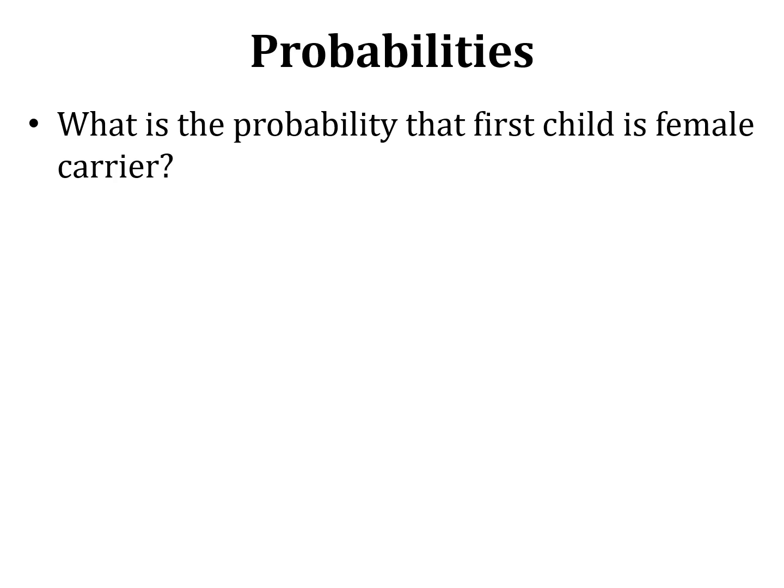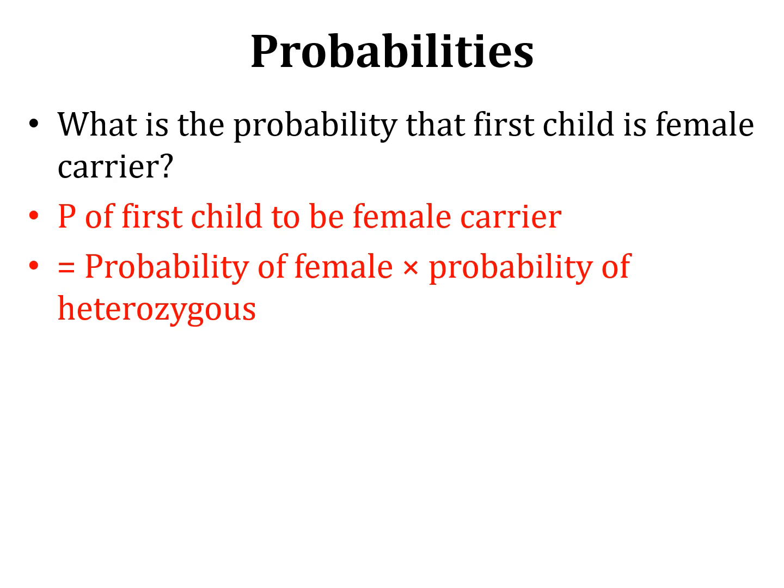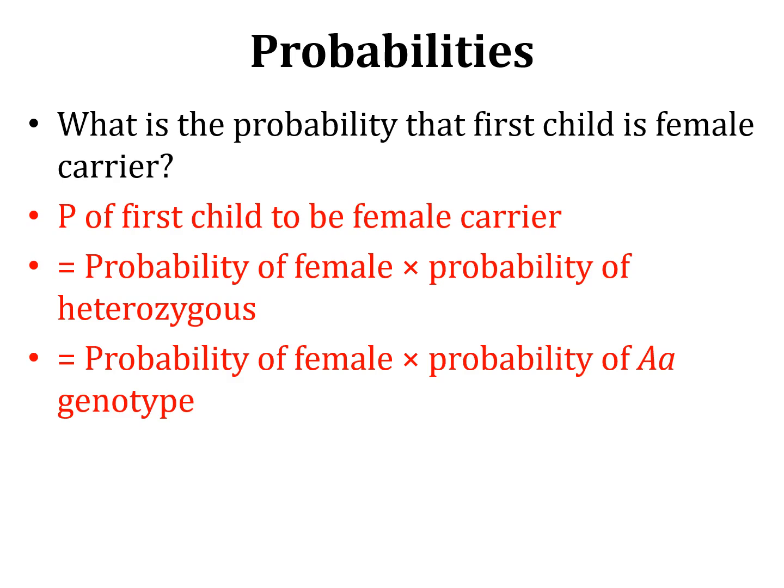So what is the probability that first child is female carrier? For that purpose, we will have to put the probability of female alone and the probability of heterozygous alone, and then we multiply these two probabilities because this is compound probability. So the probability of female means the probability of females, obviously. So probability of heterozygous means the probability of the heterozygous genotype.